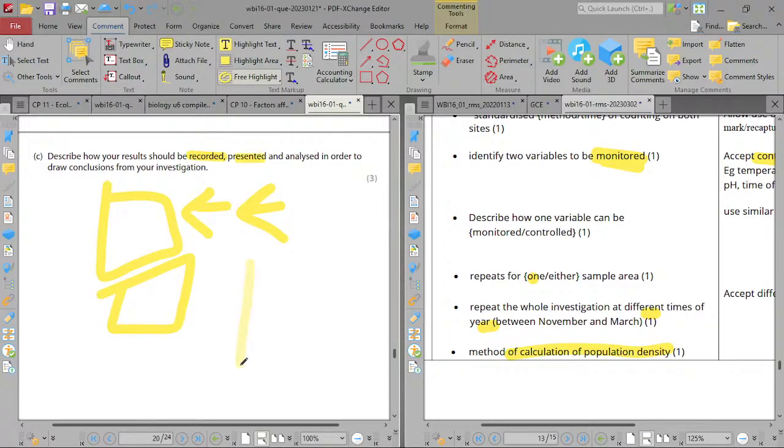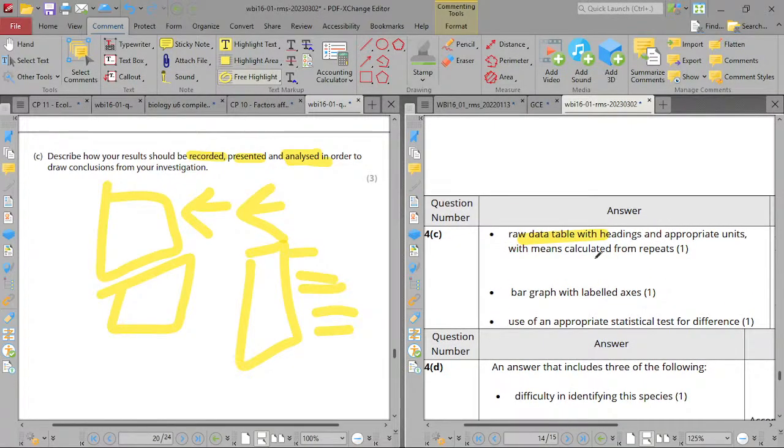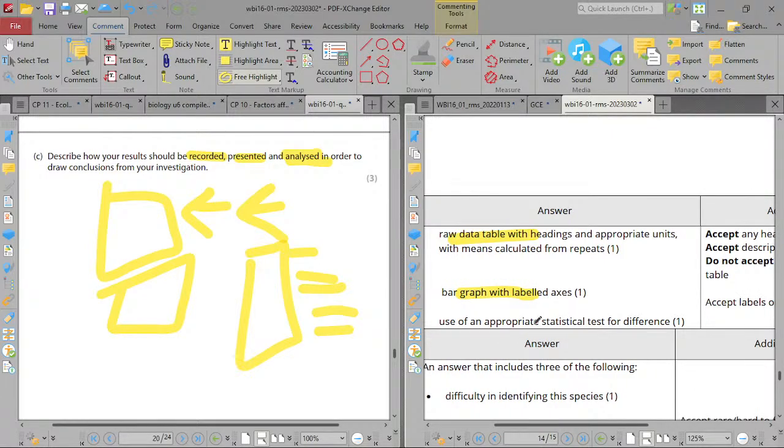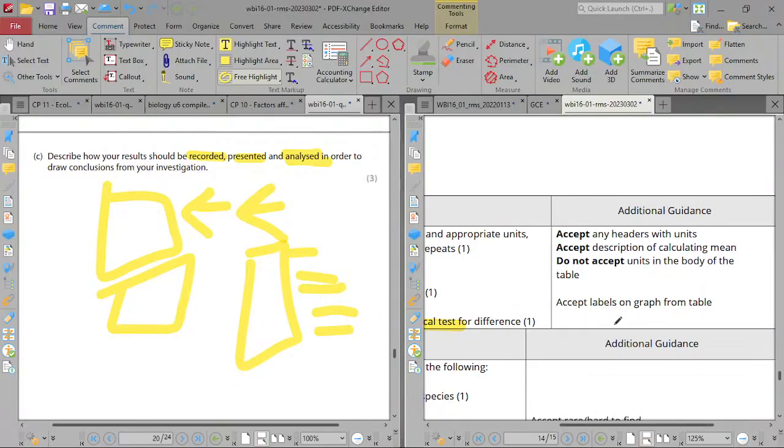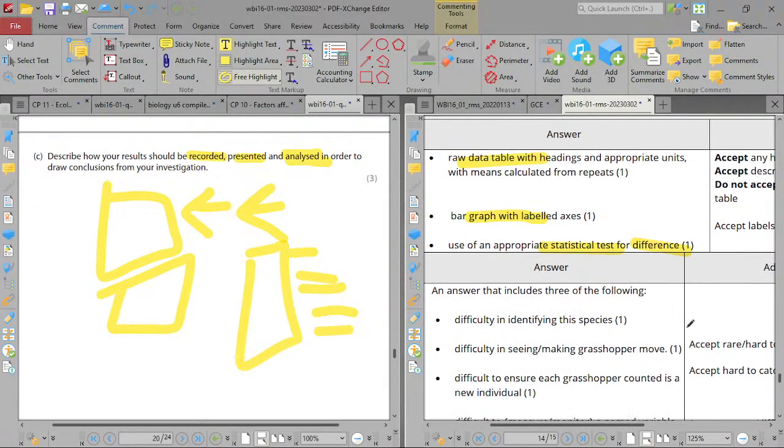Present the data on a bar graph with the axes labeled and analyze the data using Spearman's correlation coefficient. Draw a table with headings and appropriate units with means calculated from repeats. Bar graph and use a statistical test for difference, to see if the difference is significant.